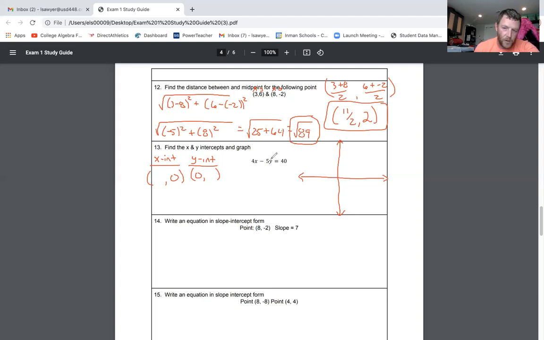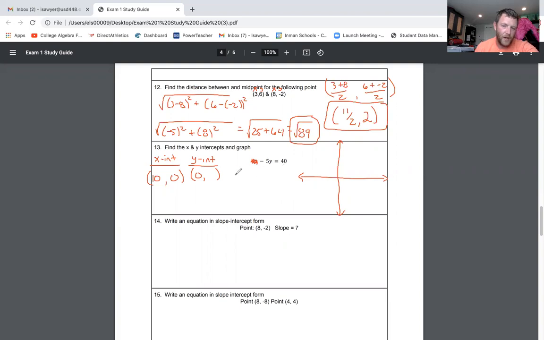So my y is 0, which means this goes away because 5 times 0 is 0. So now I just have 4x is equal to 40. Well, when I divide by 4, x is equal to 10. My y-intercept, my x is equal to 0, which 4 times 0 is 0. So now I'm left with -5y is equal to 40.